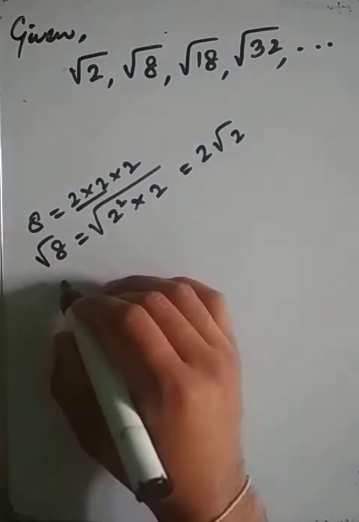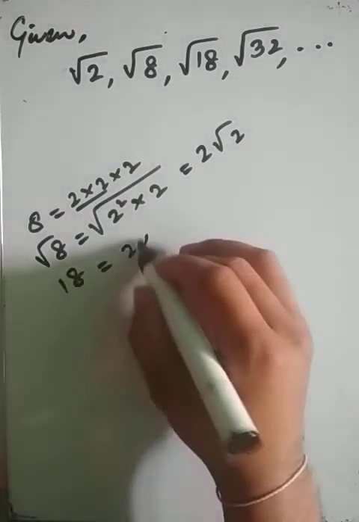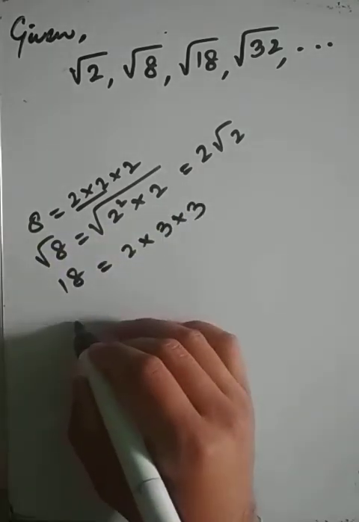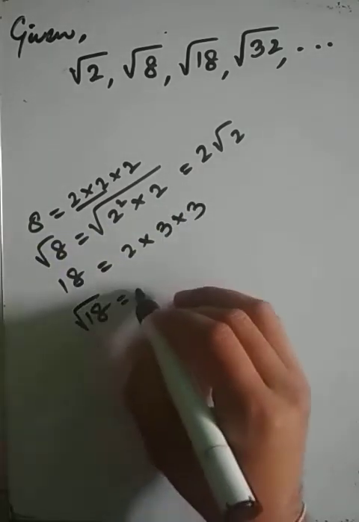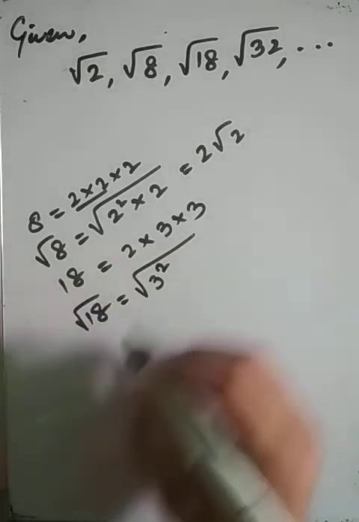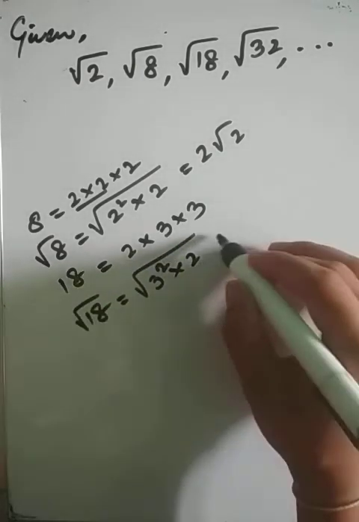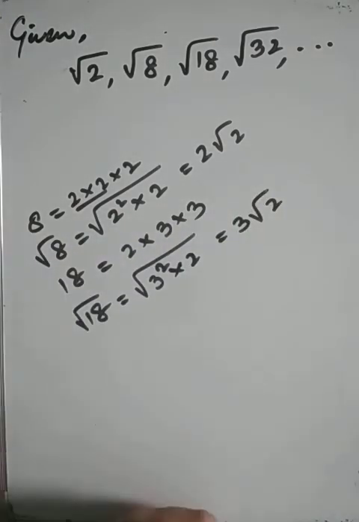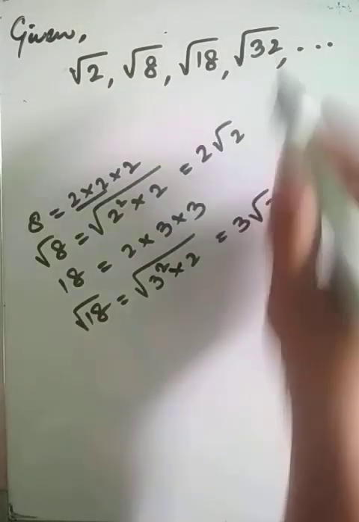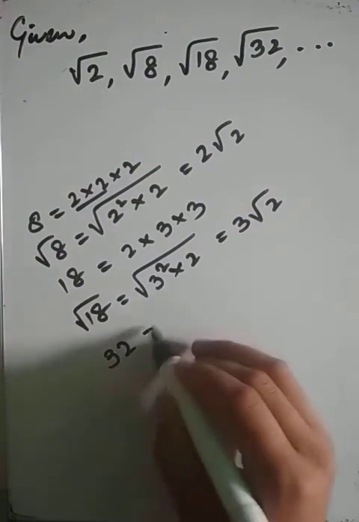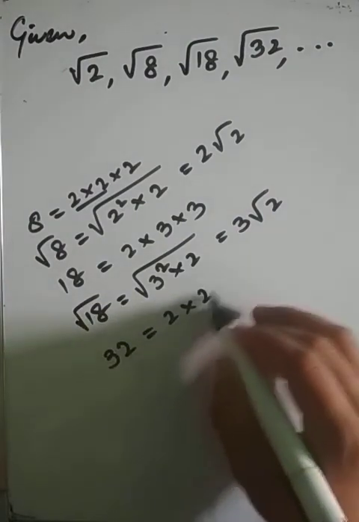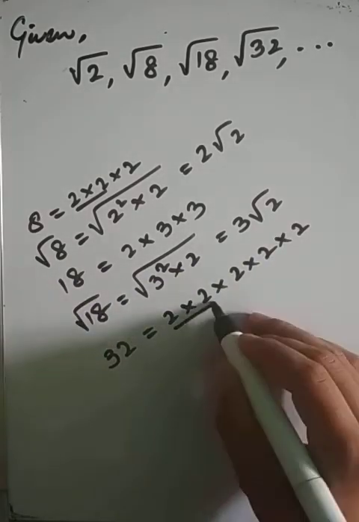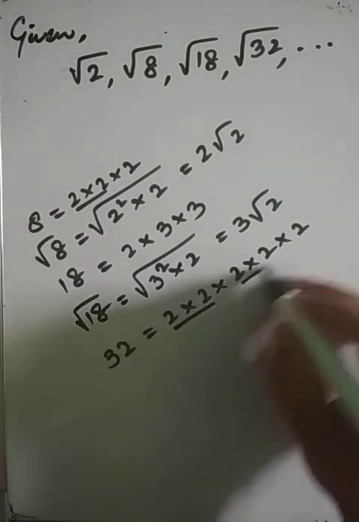What about 18? It will be 2 into 3 into 3. So root over 18 will be 3 square into 2, so we get 3 root over 2. Next is 32. If you factorize, you will get 2 into 2 into 2 into 2 into 2. So here a pair, again a pair.